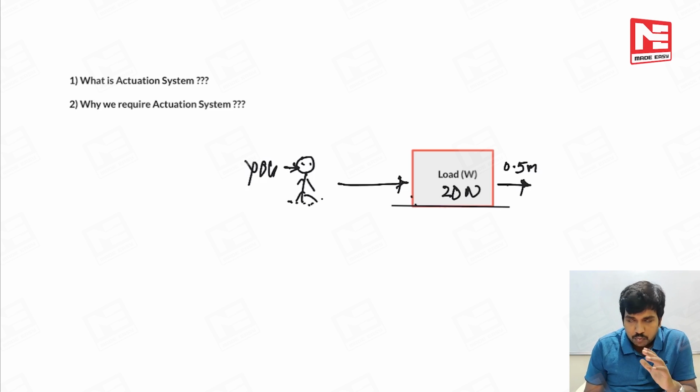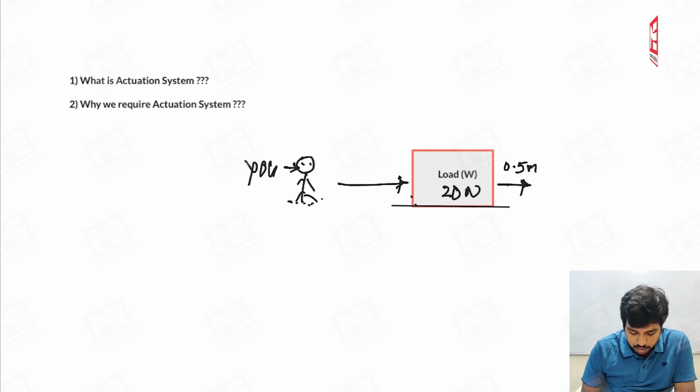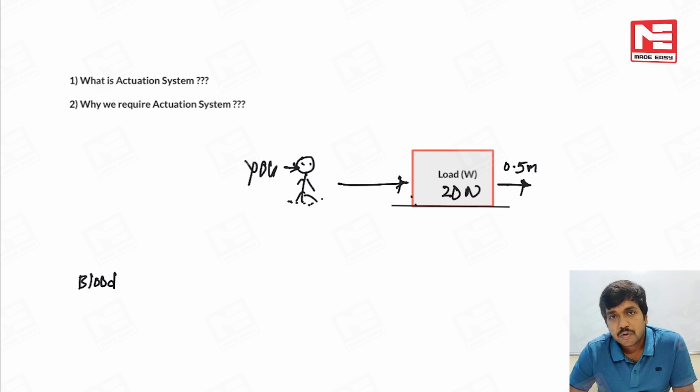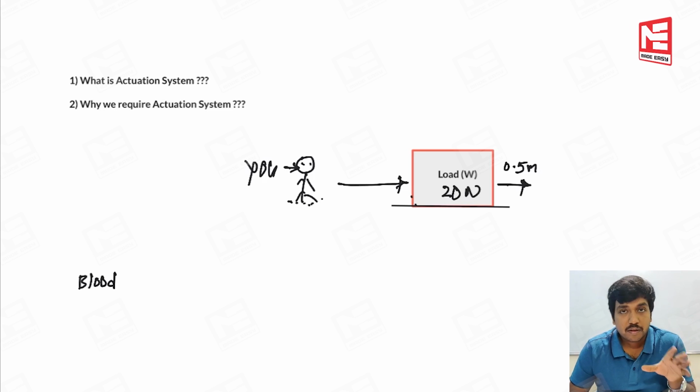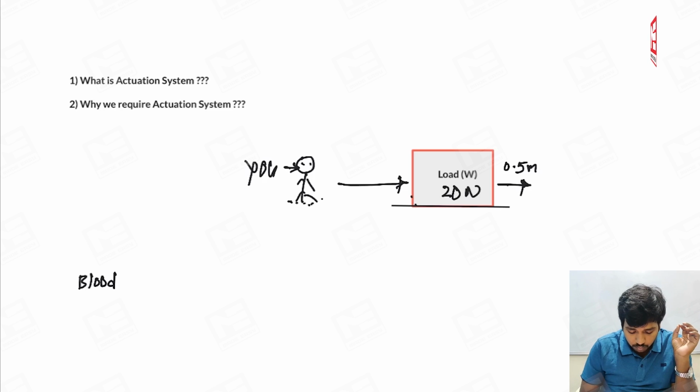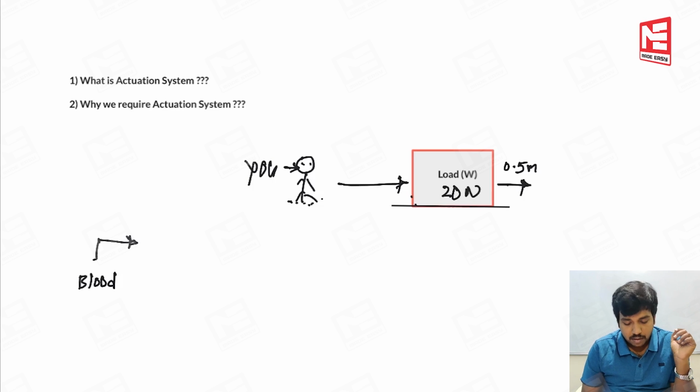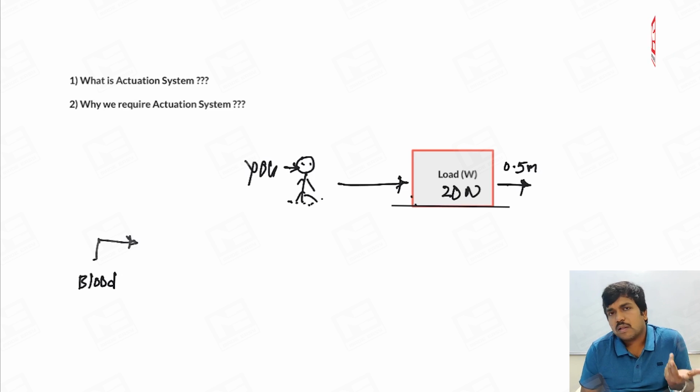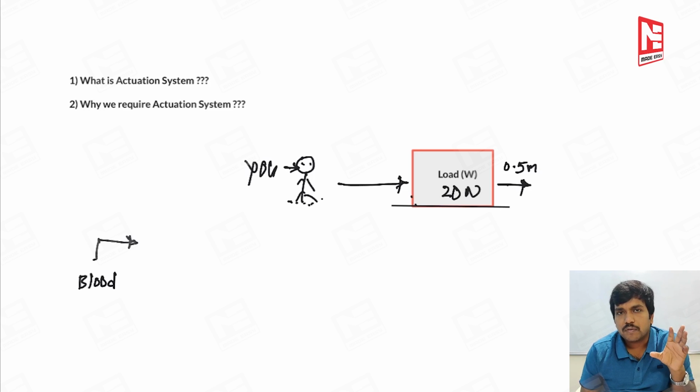So if you vaguely discuss this concept, first you need to start from blood. I'm not going to get into the details of the human body here too much because this is not a biology class, rather this is a mechatronics class. So assume that there is some amount of blood in the human body. First this blood goes to the purifiers, that is, the different organs in the human body which purify the blood.